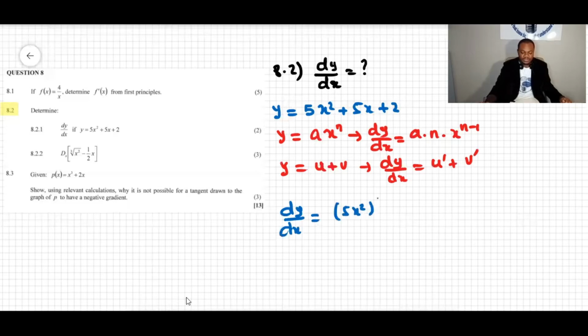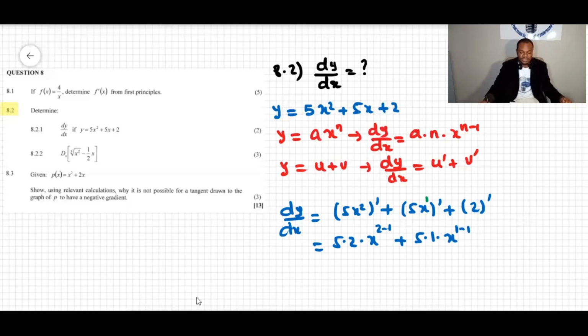5x squared derivative plus 5x derivative plus 2 derivative. So this will be 5 times 2 times x to the power of 2 minus 1, plus 5x, assume that the exponent is 1, so this is like 5 times 1 times x to the power of 1 minus 1, and then the derivative of a constant is just 0.